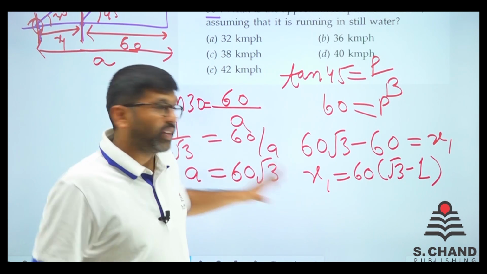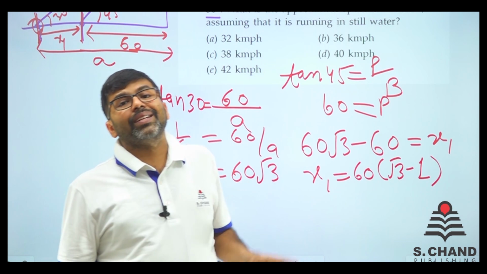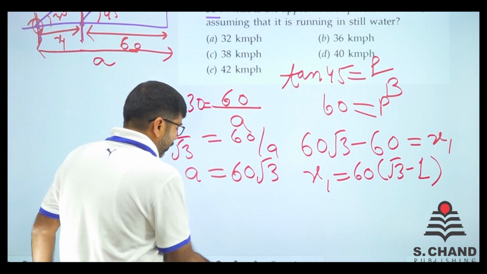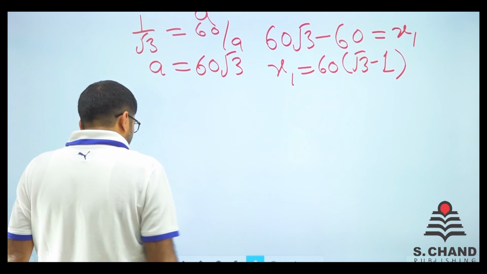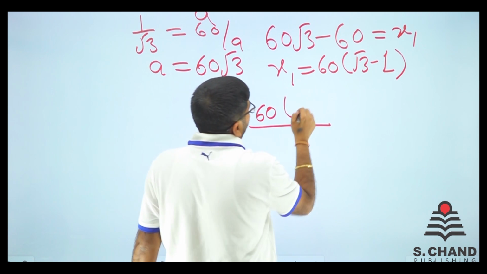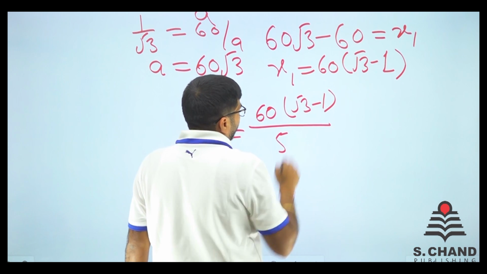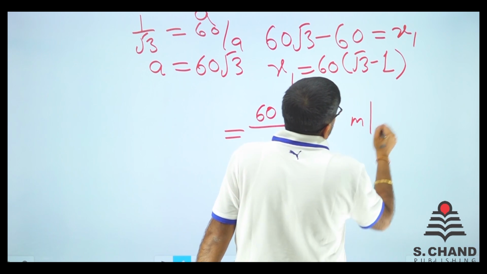Now what is the speed? Speed is equal to distance upon time, right? Distance is 60 root 3 minus 1, upon time is 5 seconds, and that is meter per second.